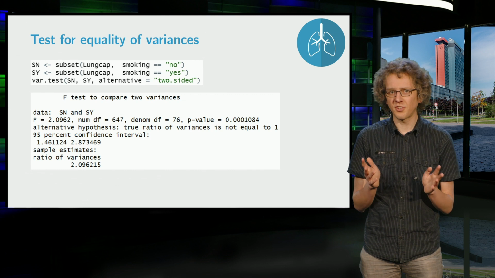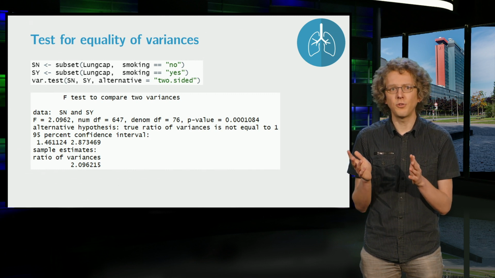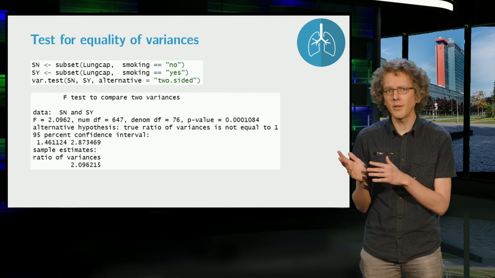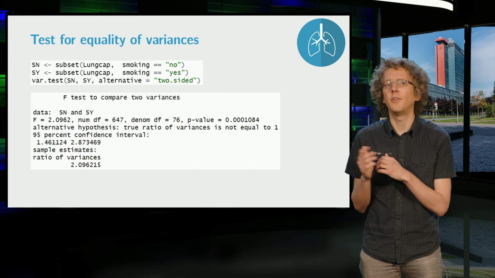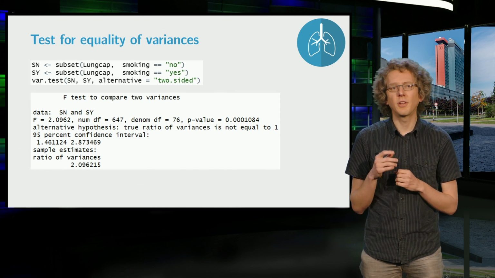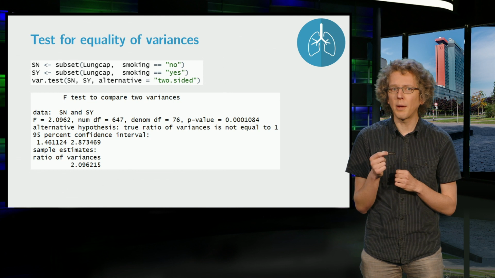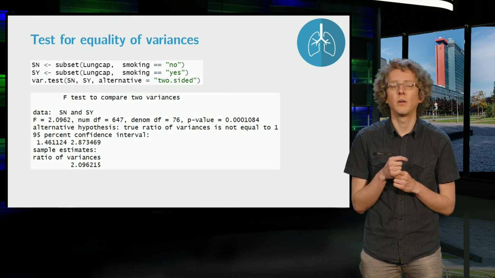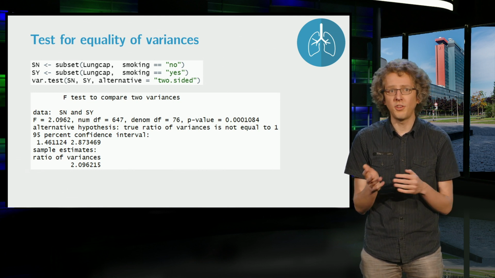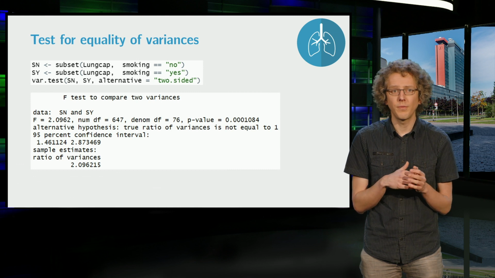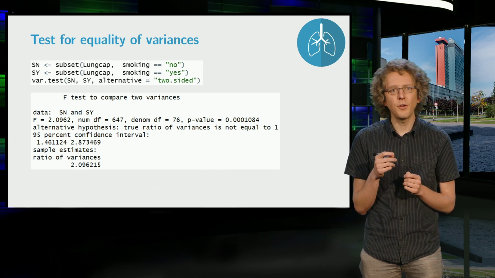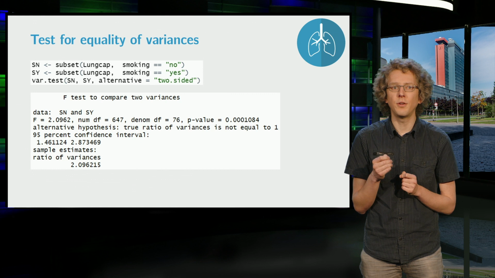It uses a test statistic with a distribution we haven't covered. It's a Fisher or F distribution. But can you find out for yourself what hypotheses are being tested here? What is the null? What is the alternative? What is the conclusion? Well, I refer you to the Grasple questions after this video for the answer.